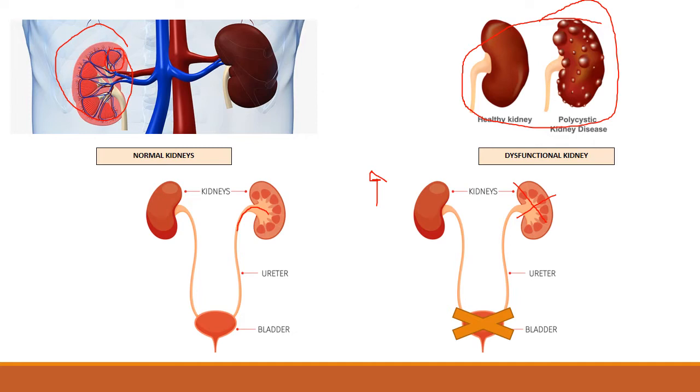Okay, on your lower pictures, you will see to your left a good kidney. So if your kidney is good, then drugs will be able to filter through the glomerular filtration rate, and then it will undergo processes in the nephron, and once it is filtered, it is already eliminated from our body.